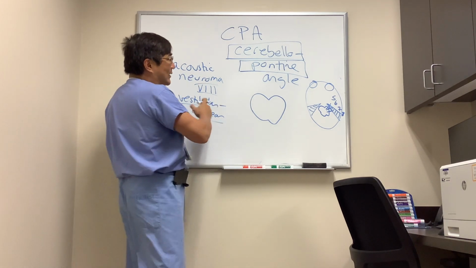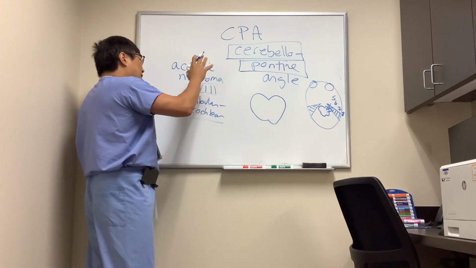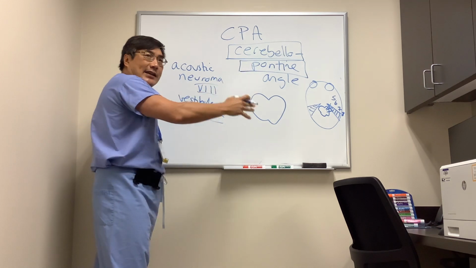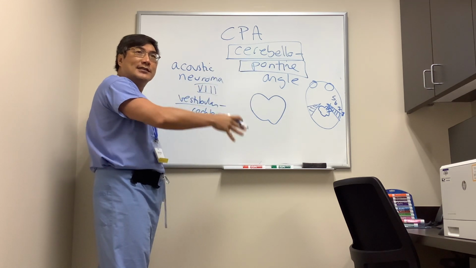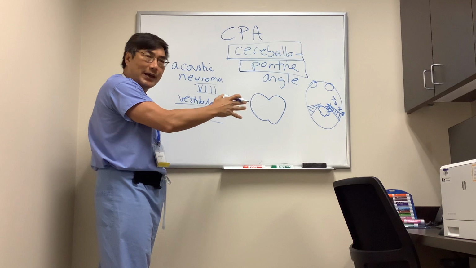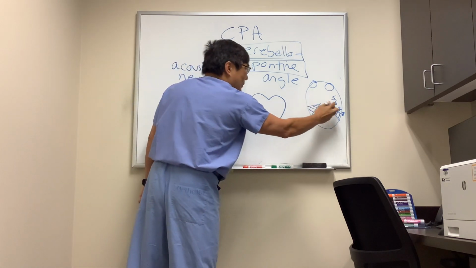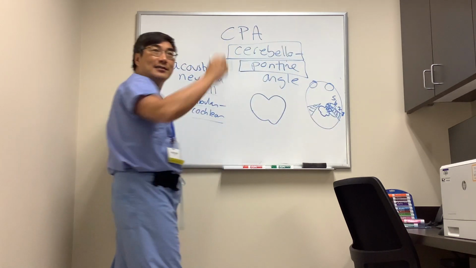And so when we hear that combination of 5, 6, 7, 8, hearing loss, facial paralysis, diplopia, and facial numbness or pain, you really should be thinking about cerebellopontine angle.